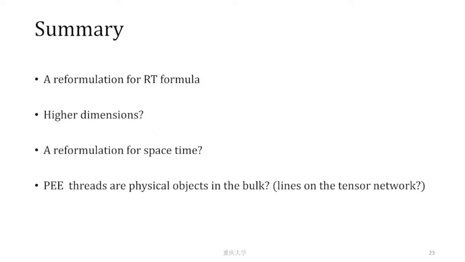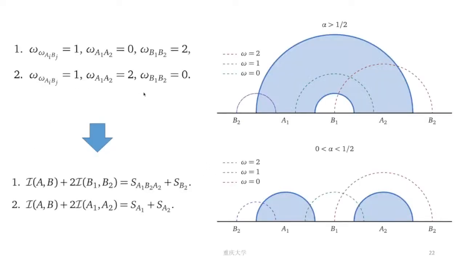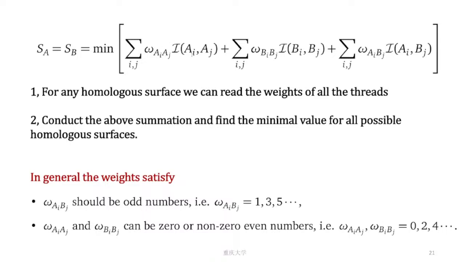This is because for non-spherical regions, you always get some flows that end on the same side of the RT surface, that do not pass through the RT surface, which means that we should also consider such PE threads' contribution.